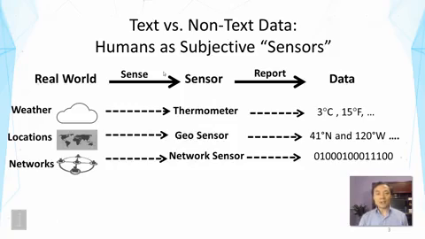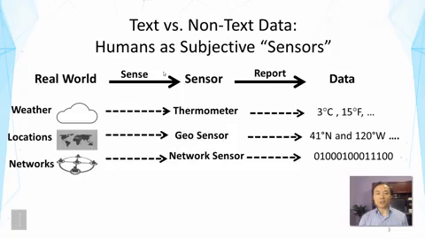So in general, a sensor would monitor the real world in some way. It would sense some signal from the real world, and then it would report the signal as data in various forms. For example, a thermometer would watch the temperature of the real world and then report the temperature in a particular format.